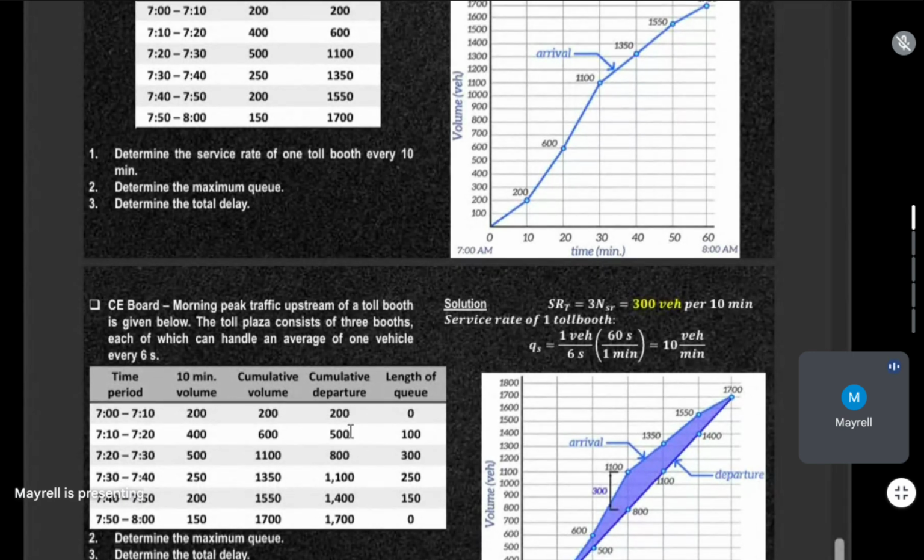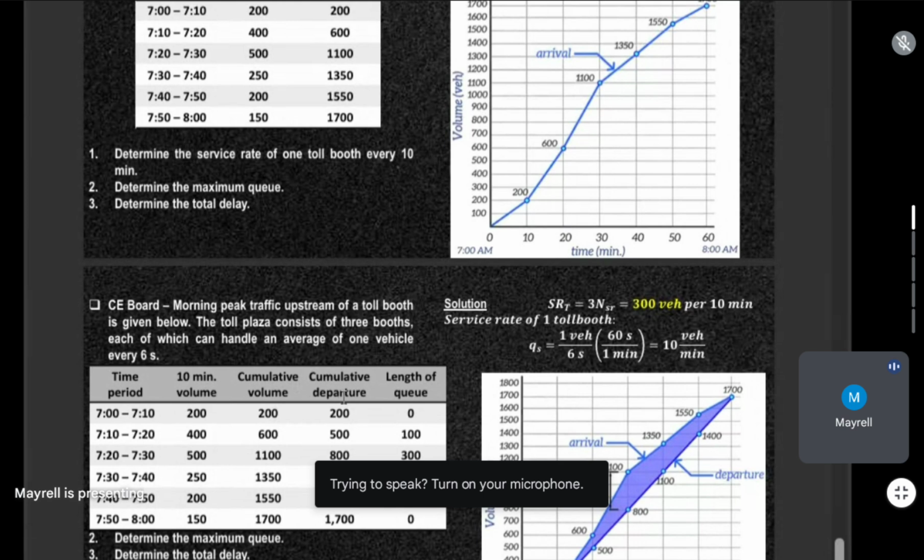So 200 plus 300, you have 500. Plus 300, 800. Plus 300, 1,100. Plus 300, 1,400. Plus 300, 1,700. So the length of queue is the cumulative volume minus the cumulative departure.